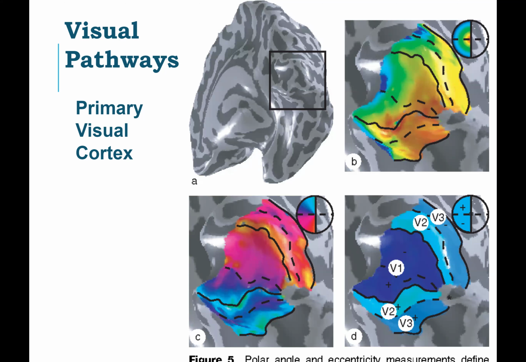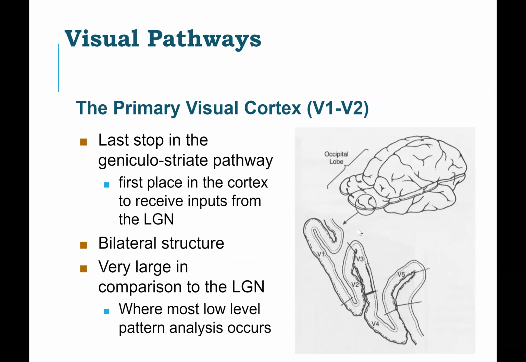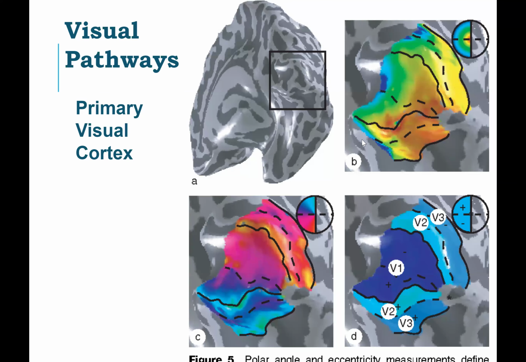So the type of signal that each area of the image will trigger in the brain maintains that structure in the brain? Yeah, that's correct.